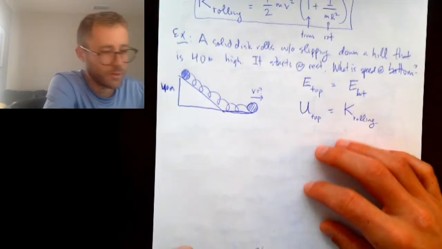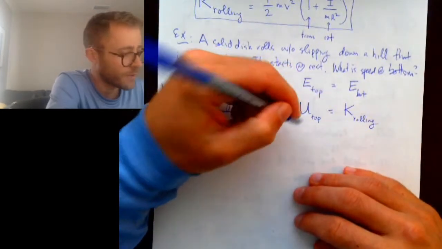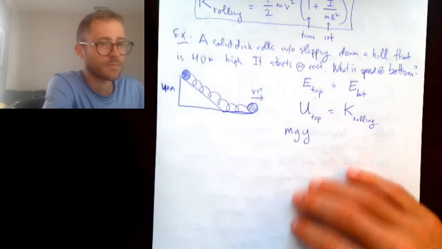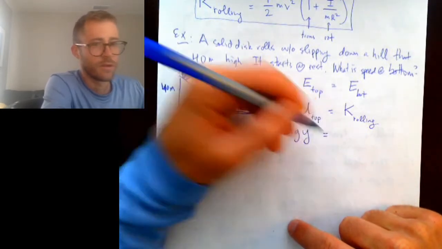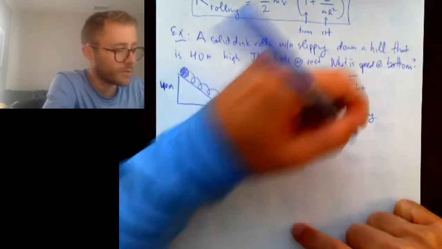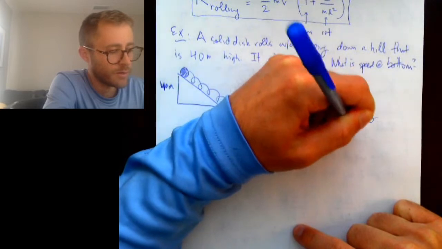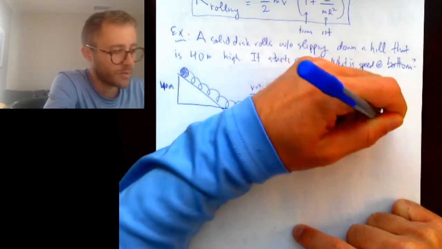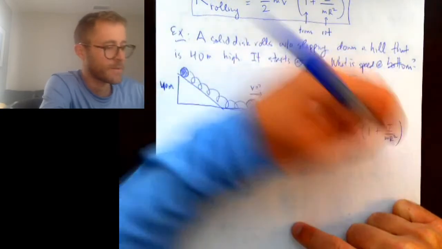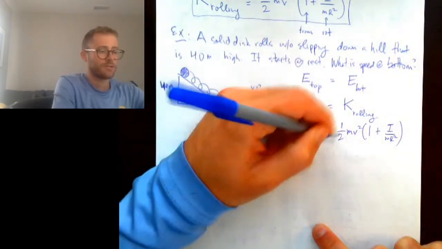You might recall that gravitational potential energy is mgy, and rolling kinetic energy, as we just wrote down, is 1/2 mv squared times the quantity 1 plus I over mr squared. So I can cancel out these masses.